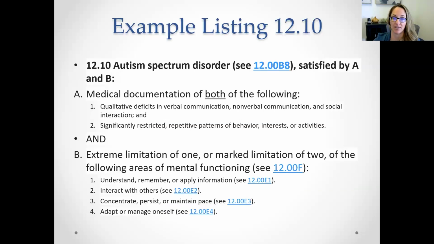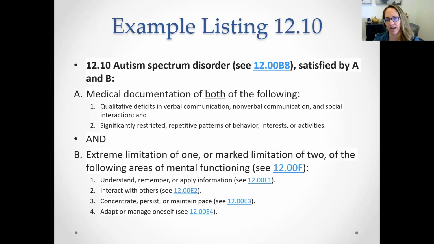Another listing that I have an example of is a mental listing. This is the listing for adults for autism spectrum disorder. Again, this one seems a little less busy here. You have to have medical documentation, usually through psychological testing, of qualitative deficits in verbal communication, social interaction, nonverbal communication, and significantly restricted patterns of behavior, interests, or activities.